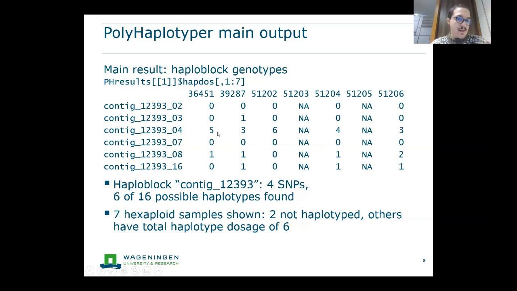For this individual, it says it has 5 times this haplotype and 1 time this haplotype. For this individual, 3 times this, and 1 and 1 and 1. And you can see that for some individuals, it can find no solution. That happens when there are 2 haplotype combinations that are equally likely or very similarly likely. If there is not one haplotype that is mostly certain, it will just not assign any haplotype to this individual. So in that sense, it's a very cautious program.